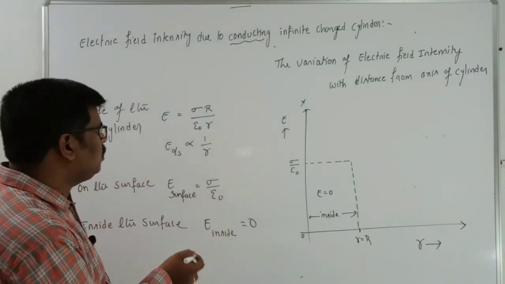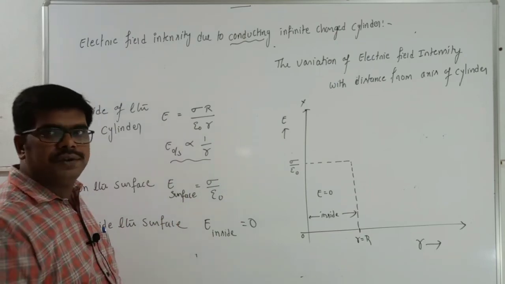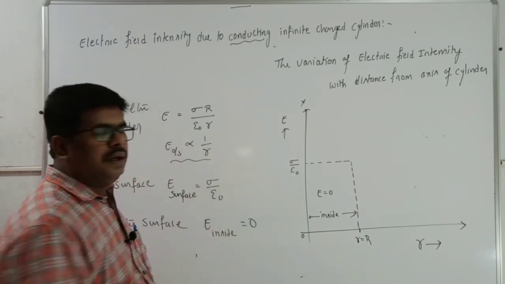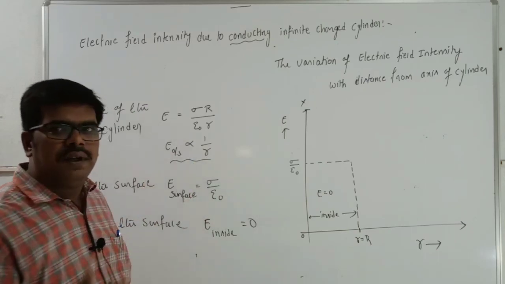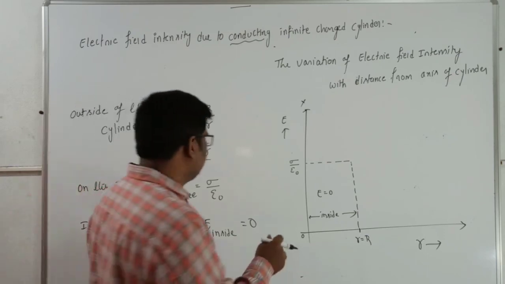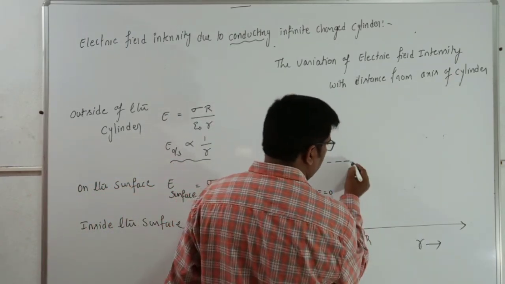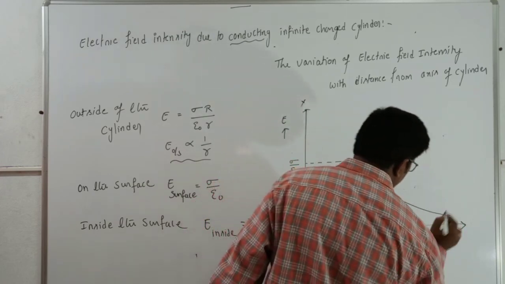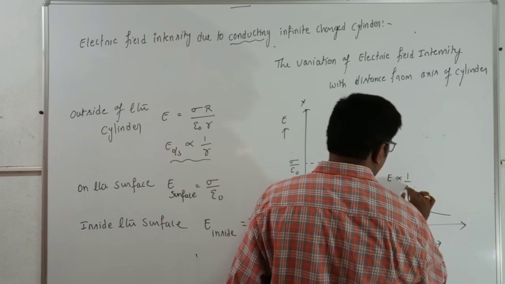Next, outside, you observe that the electric field intensity is inversely proportional to the distance r. Both being inversely proportional to each other means the nature of the graph is a rectangular hyperbola. So from outside of this cylinder, the graph is a rectangular hyperbola, that is E is inversely proportional to r.